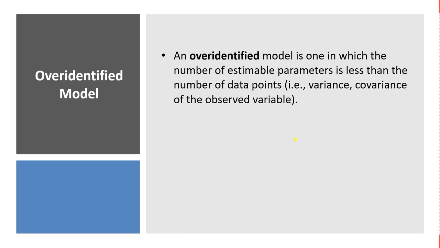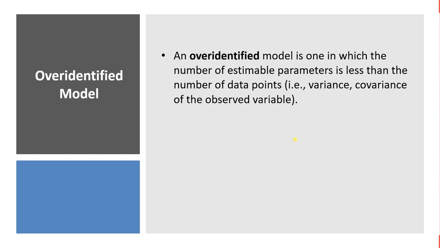In this over-identified model, the number of parameters to be estimated is always less than the number of data points. And as you know, the degrees of freedom is equal to the number of data points minus the number of parameters.